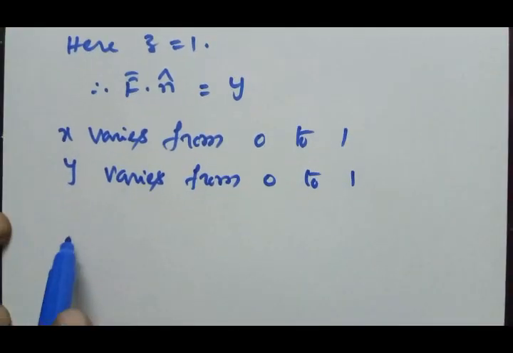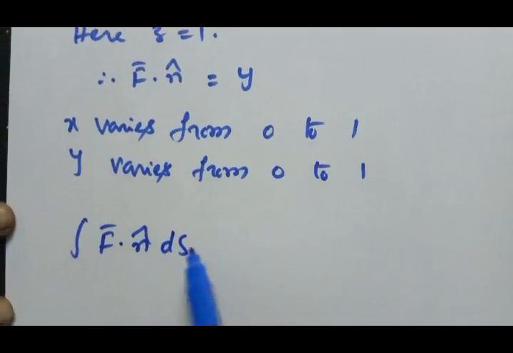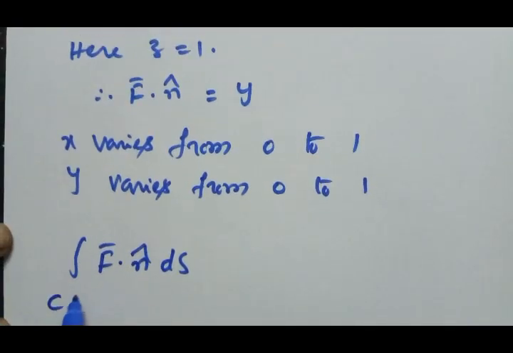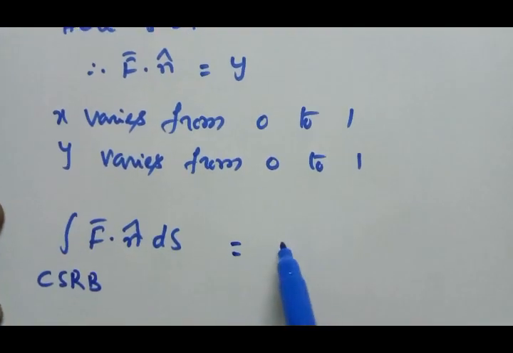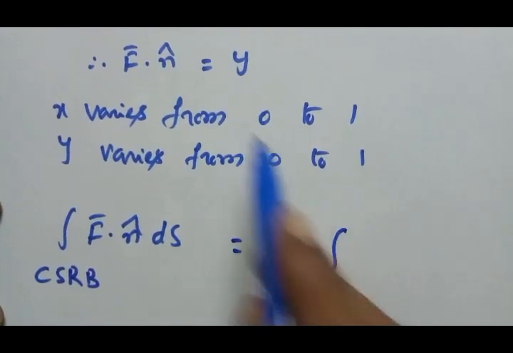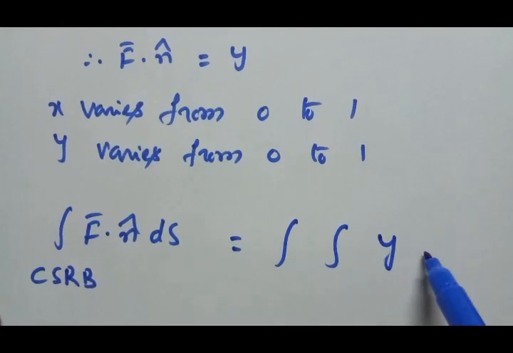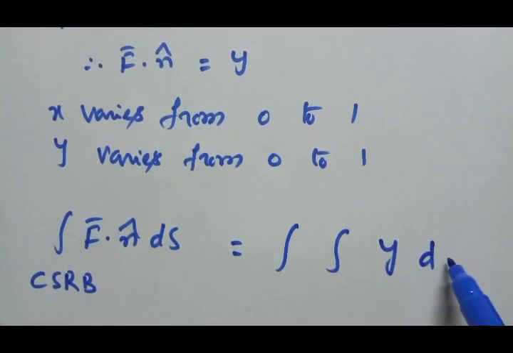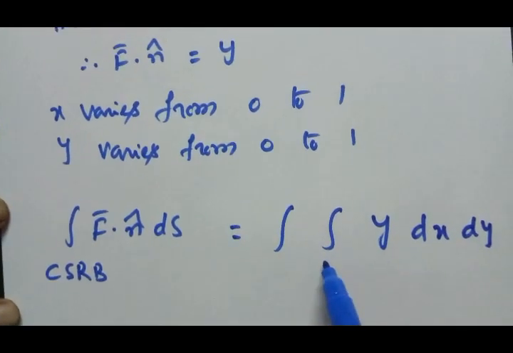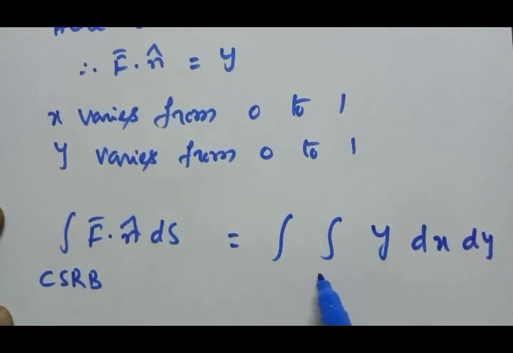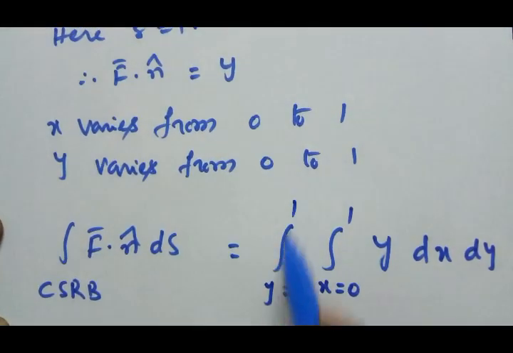Therefore now the integral of f bar dot n cap ds along CSRB is equal to the double integral of y with respect to x and then y. So here x limits are 0 to 1, y limits are 0 to 1.